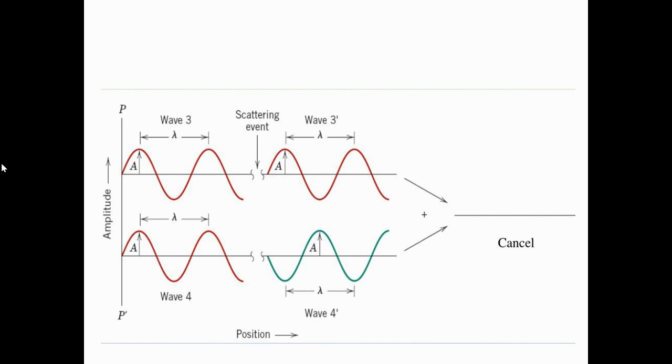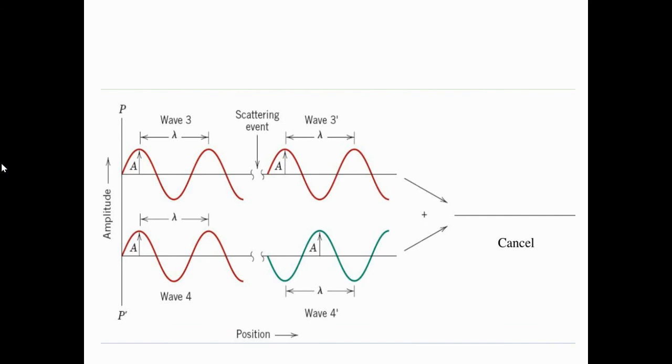Another possibility occurs in diffraction where two waves, wave 3 and wave 4, having the same amplitude and same wavelength, become out of phase after the scattering event.